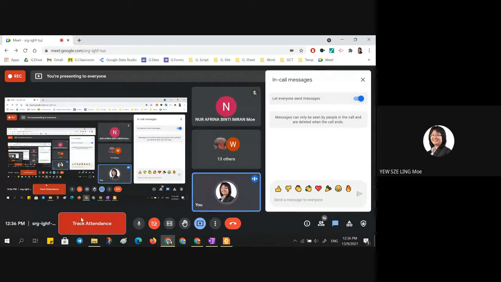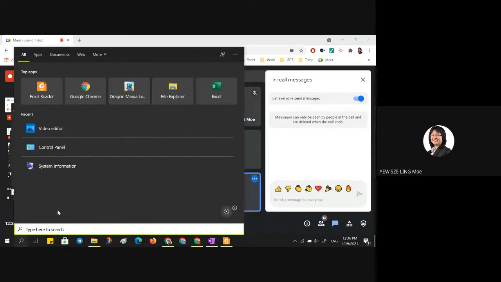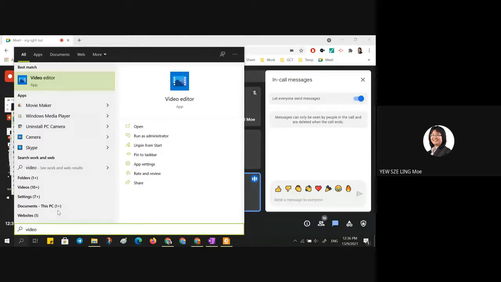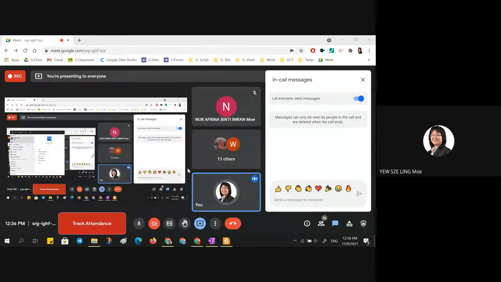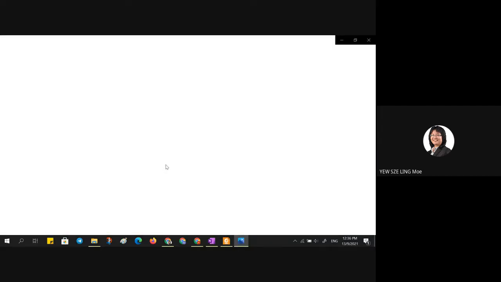In order to use the video editor, you go to the search. You type here to search, and then you type video editor. So it will come up. This is the app that we're going to use. All right, so you go to video editor. Okay, so it will bring up a new window.